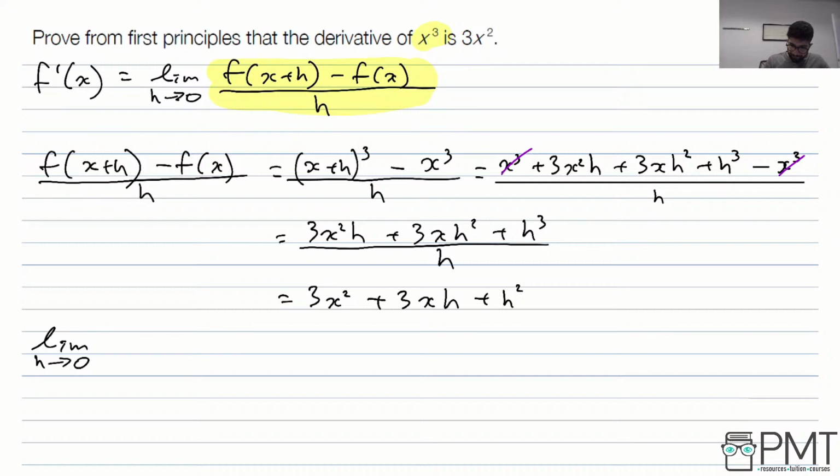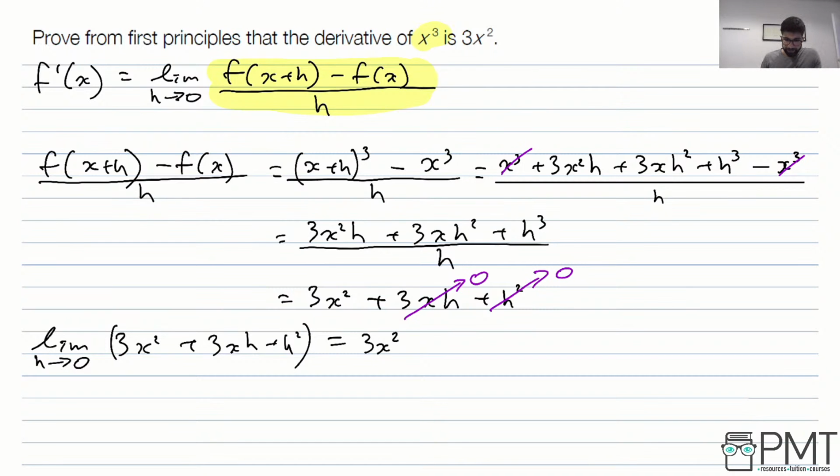Well, if you look at the expressions, h squared, when h is very small or when h is 0, this is going to be 0. Similarly, this term is 0 because you have got 3x, whatever 3x is, doesn't matter. When you multiply any value with 0, it's going to give you 0. So the limit of this is going to be 3x squared.